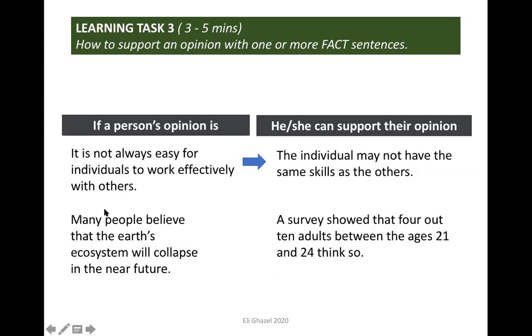Prove to me many people. You say, well, I found out that 4 out of 10 people think so. Now, don't just say 4 out of 10 people, because you didn't ask babies, you didn't ask 3-year-olds, you didn't ask 7-year-olds. You showed the range of the people that you asked. So a survey is a fact that you can use to support your claim or your opinion that many people think this way.